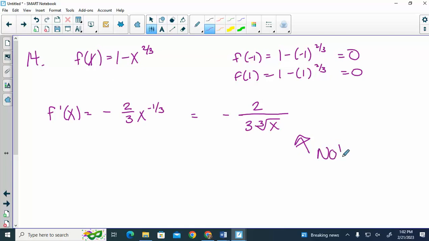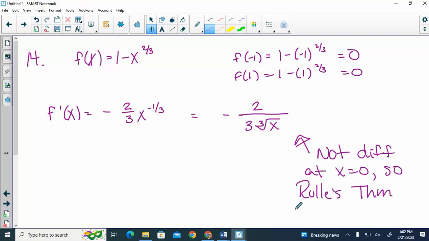This is not differentiable at 0. And 0 is in between negative 1 and 1, so Rolle's theorem doesn't work. Our criteria wasn't met, so we can't use the theorem.